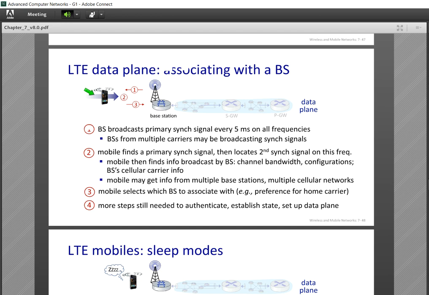So in the second step, the mobile phone should look for the broadcast message that comes from the base station and find the channel bandwidth configuration and something like that, some information that comes from the base station.